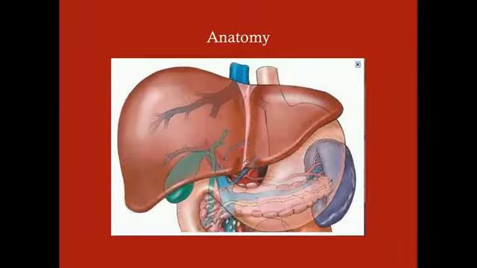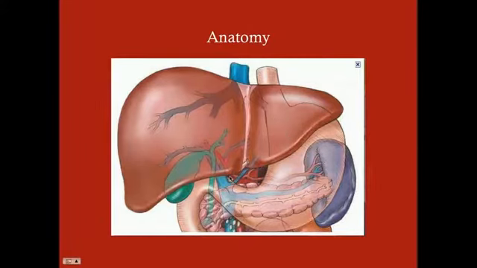The liver that gets circulation from the left hepatic artery would be everything left to the falciform ligament, and then part of the liver to the right of the falciform ligament. So if you want to think about it that way, then part of the right lobe would be considered the left. But for our intents and purposes, we're going to consider the right lobe to be on the right of the falciform ligament and the left to be on the left of the falciform ligament.